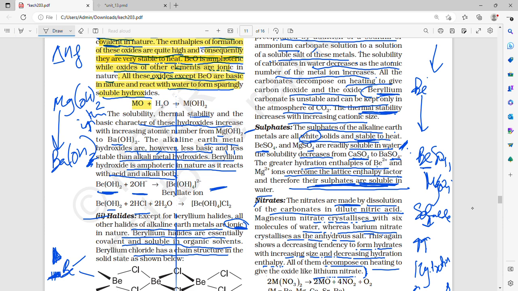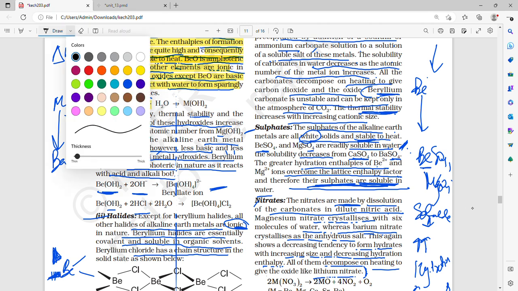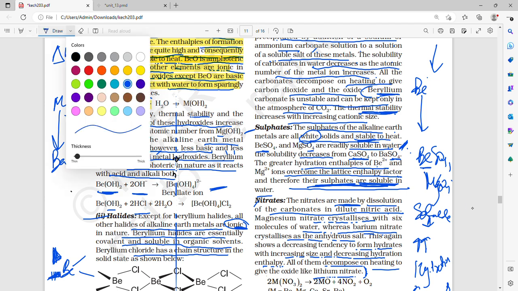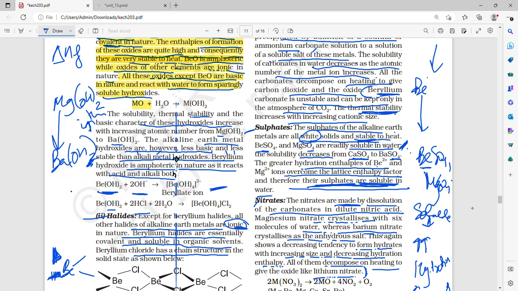Yeah, so the solubility, thermal stability and basic character of these hydroxides increase with the increasing atomic numbers from magnesium hydroxide to barium hydroxide.